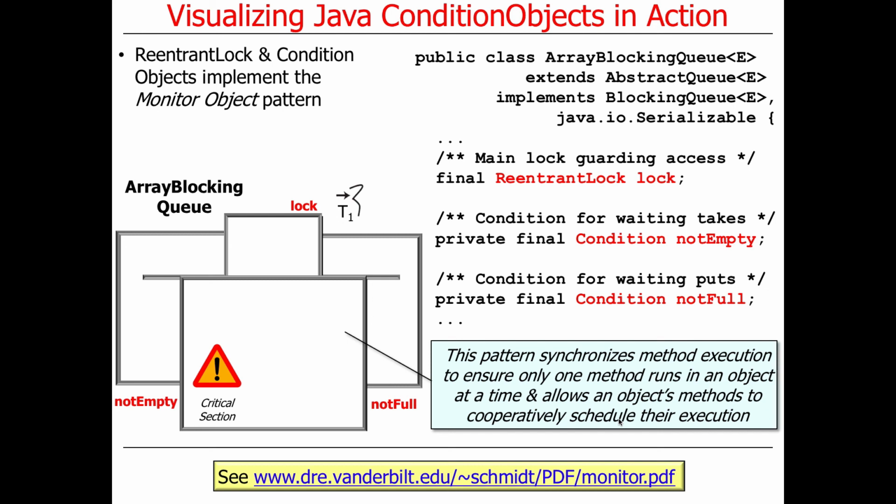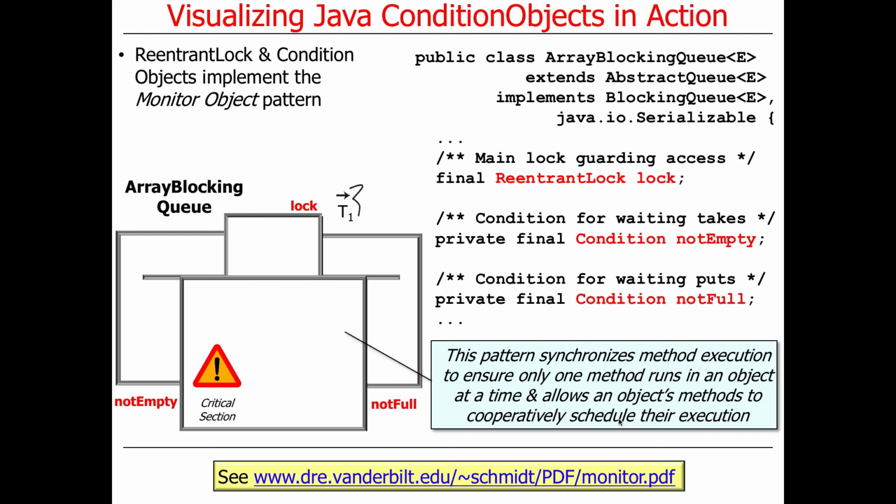This will visualize how it works, and it'll also show you the various bits and pieces of the implementation as we go through this. So this is going to implement what's called the monitor object pattern, which you can read about at the link at the bottom here. The purpose of this pattern is to synchronize method execution to ensure that only one method at a time is able to run in an object.